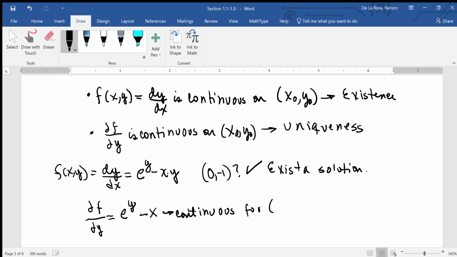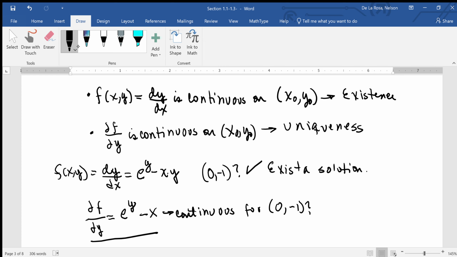for or in a region containing this point? In other words, if we replace 0, -1 in this particular expression, is the expression undefined? No, the expression won't be undefined.